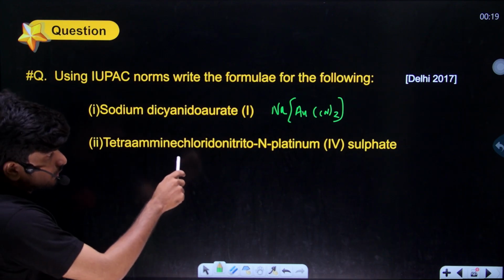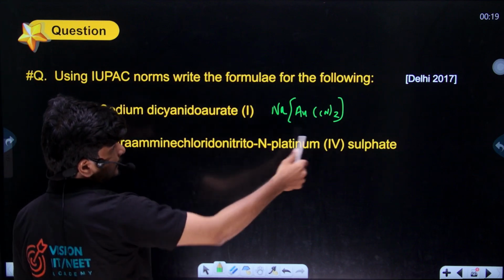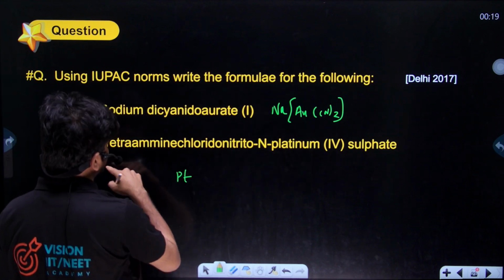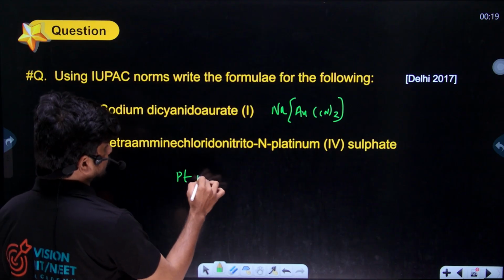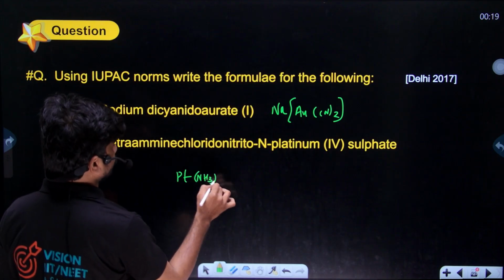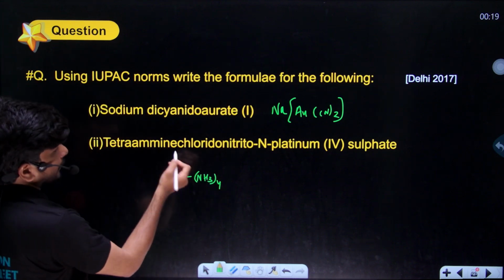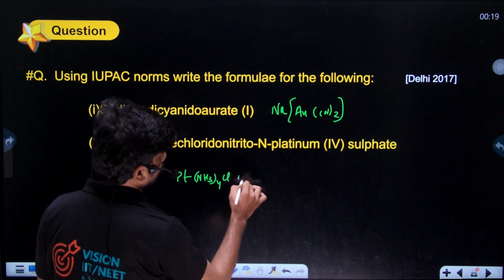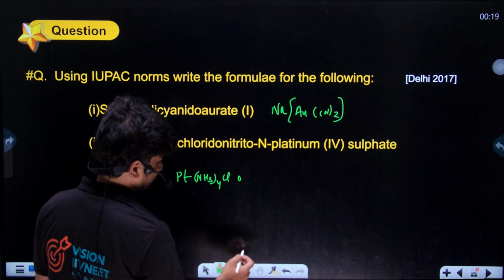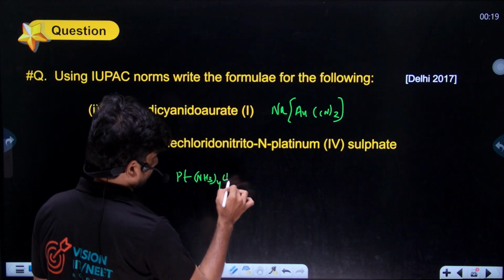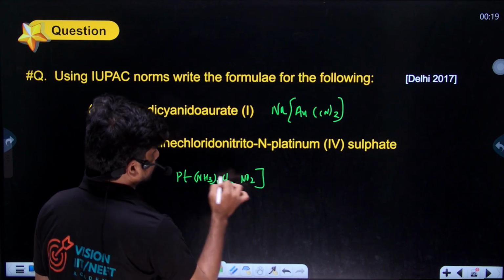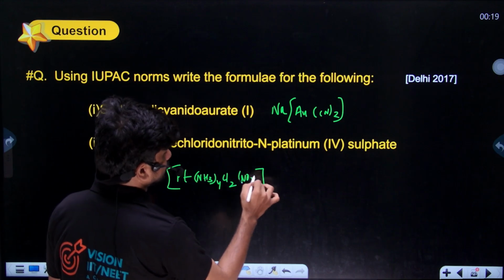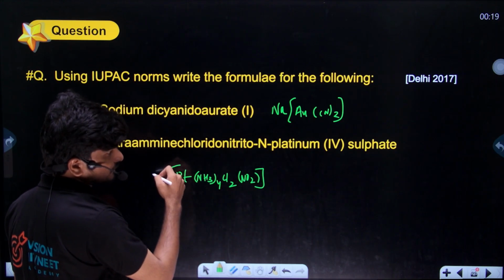Tetraamminechloridonitrito-N platinum. So you have platinum. Next, tetraammine, so it is NH3 four times. Chlorido, Cl is there. Nitrito, N-nitrito, so you will be writing it as NO2. Then these are kept outside. You can keep this in brackets because N is the one directly attached here.